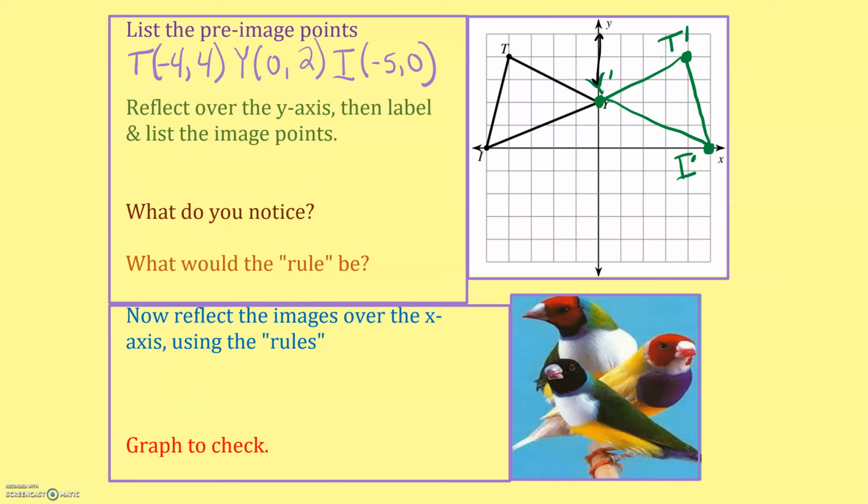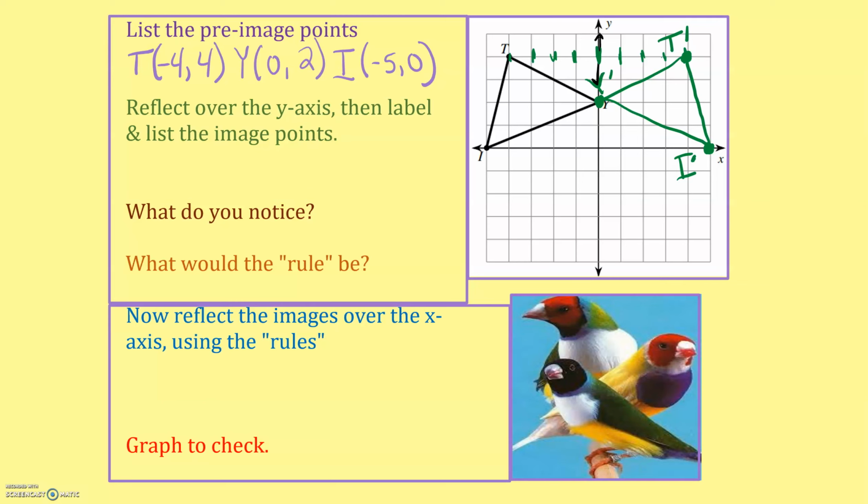If I'm going to reflect over the y-axis, that means I'm going to fold it right along the y-axis. The easiest way is to count how far away from the y-axis my t is. I have 1, 2, 3, 4. Because t is 4 places away, I'm going to count 4 places over to the right, because that gives me the correct reflection. That's how I did that point.